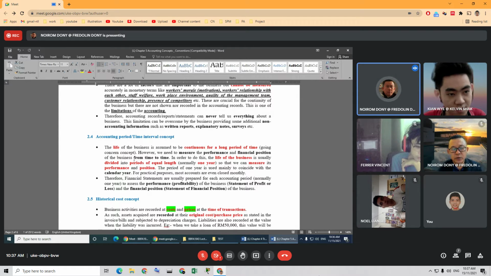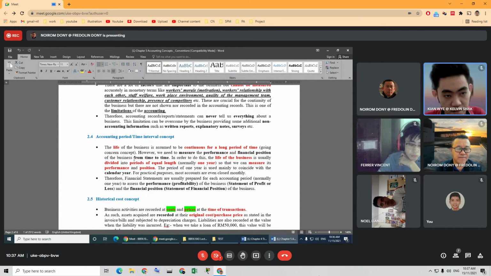So normally they would do it on a monthly basis. Unless the company has thousands of transactions in 1 day, and they are using a computerized accounting system, so that can be done. But if we do it manually, it will be a lot of work. Can you understand what I'm saying? Yeah. Okay. That is the accounting period.